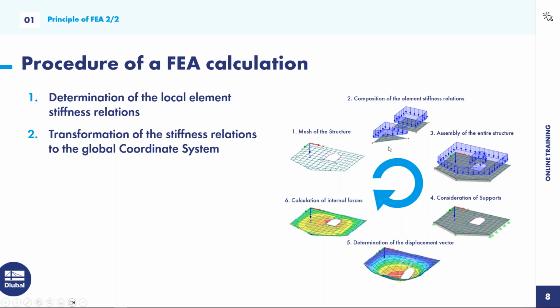Then you transform those stiffness relations to the global coordinate system and assemble these to get the global stiffness matrix of your whole structure. And that is the big system of equations which the computer then solves.